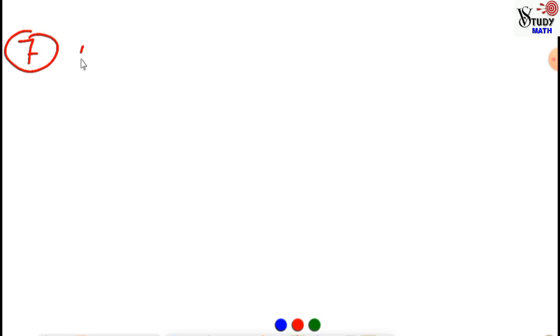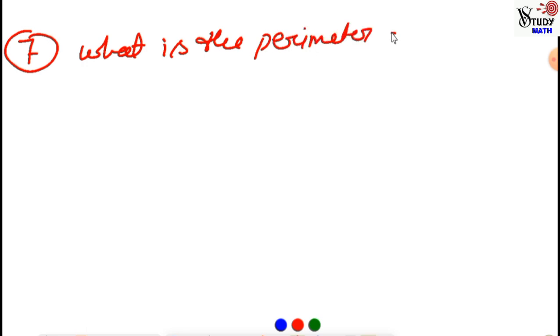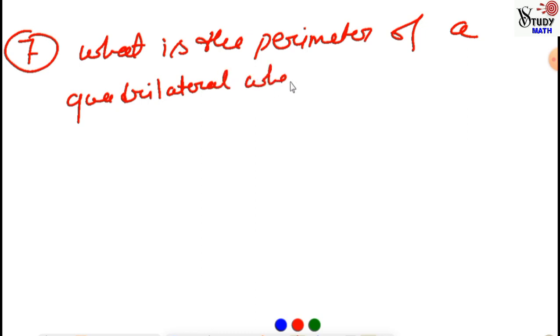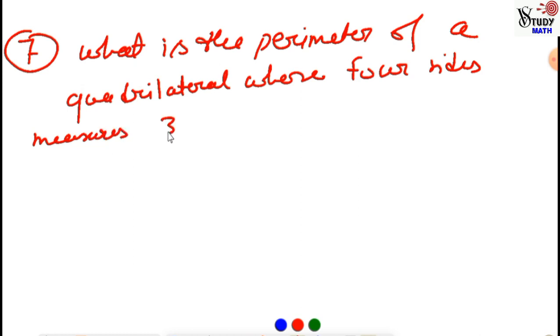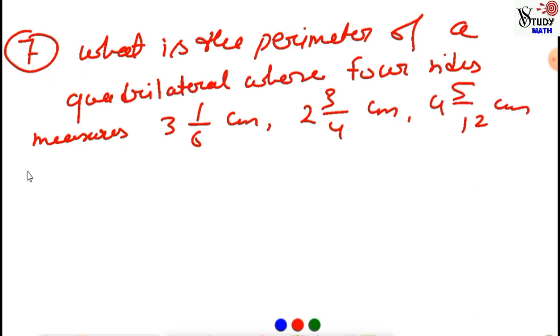What is the perimeter of a quadrilateral whose four sides measure 3 1/6 centimeter, 2 3/4 centimeter, 4 5/12 centimeter, and 2 1/2 centimeter.